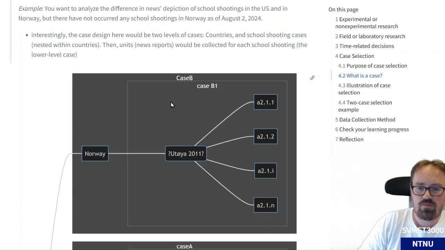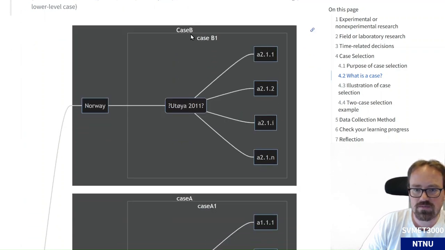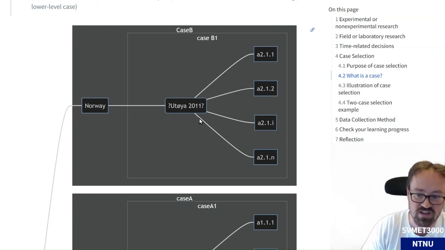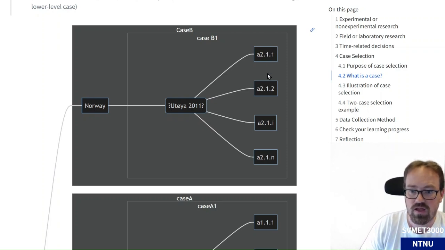So if we go to the Norway case, we may have to go with the shooting at Utøya, which is probably the closest event to a school shooting that has occurred in Norway as far as I'm aware of. And then we would study different news reports about that case B1, Norway, Utøya.